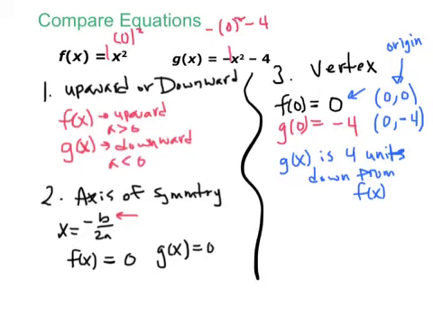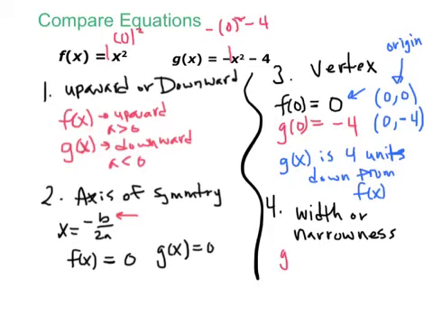And so we look at, is it upward or downward? Is the axis of symmetry the same? Now the fourth thing that we can look at is width or narrowness. So we look at the a values.